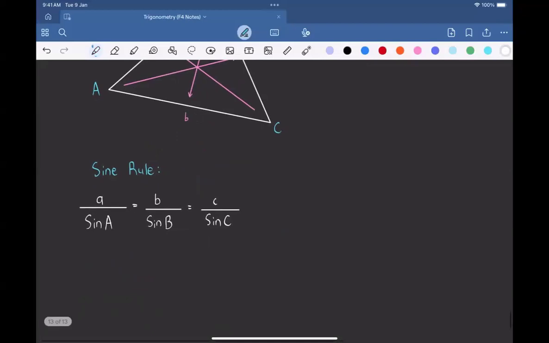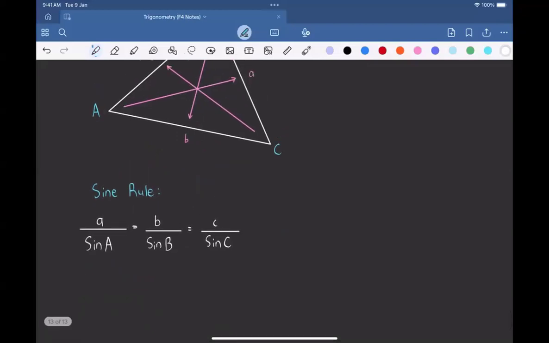Now, when you're using the sine rule, this is what you do. You have to pick two out of three.